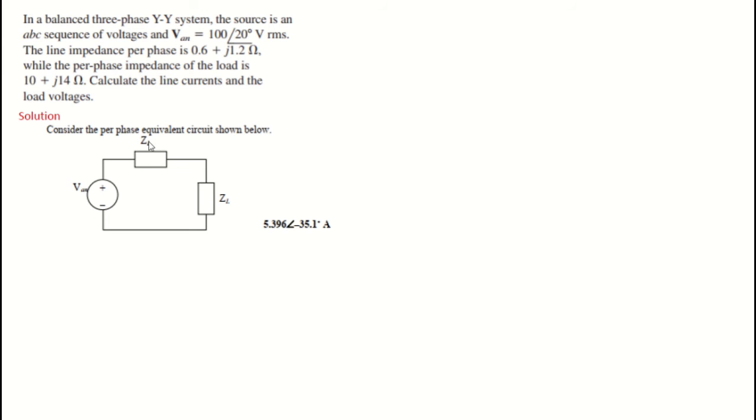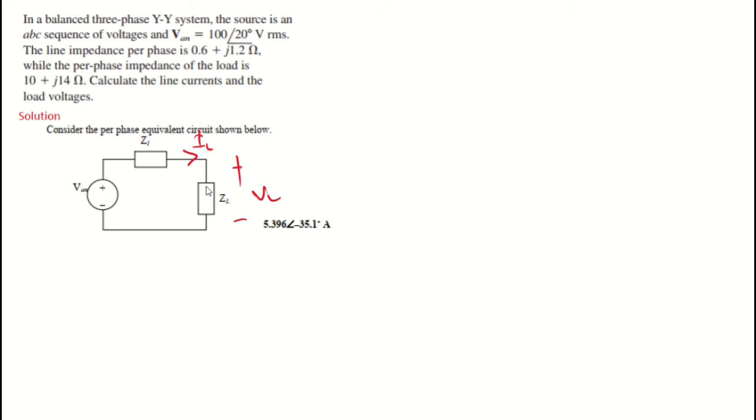So we need to find the line current, the current that flows into this line, and also the voltage across this load ZL. So this is VL, and IL.